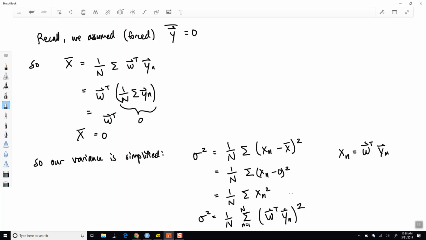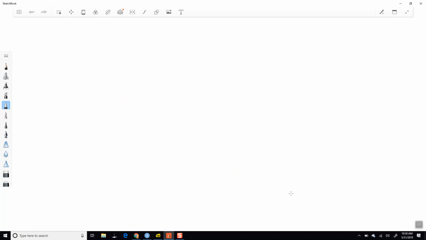All right, continuing on. We've got sigma squared is equal to 1 over N times the sum of w transpose y_n squared.